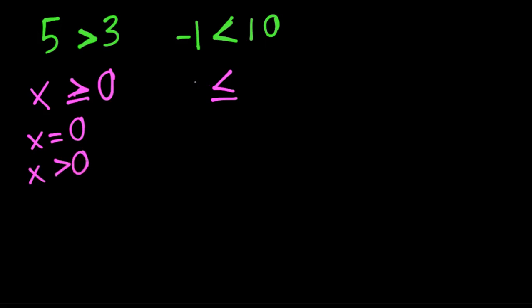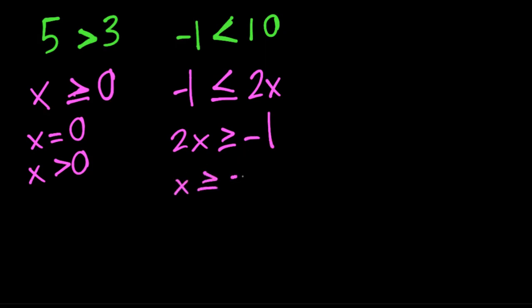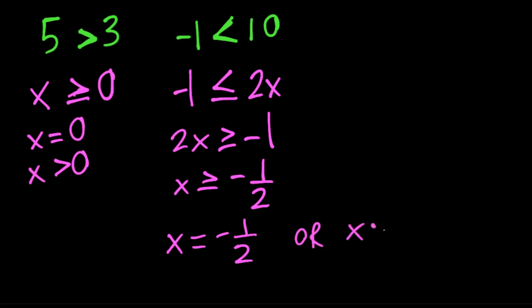And in this case, minus 1 is less than or equal to 2x, so 2x is greater than or equal to minus 1, which means that x is greater than or equal to minus 1 over 2. So x can either be minus 1/2, or x is always going to be greater than minus 1/2.